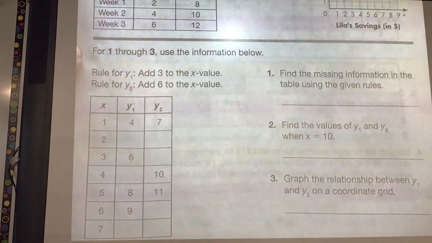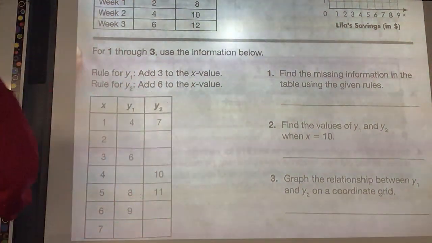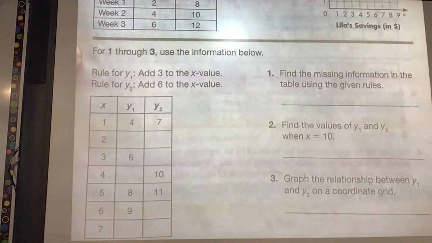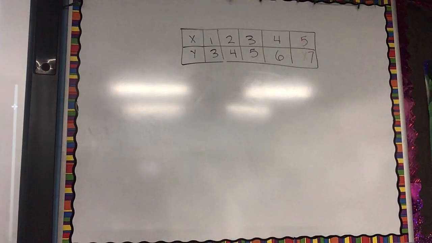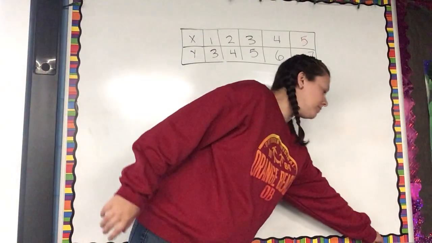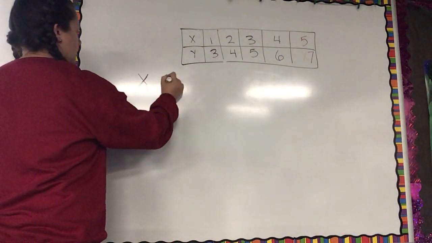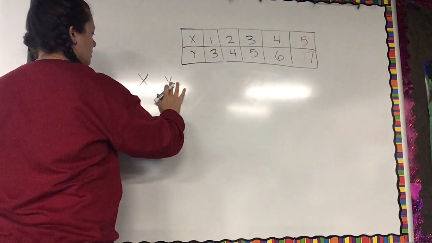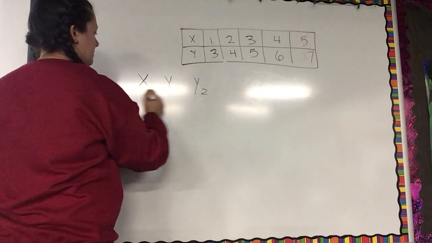What if I said, so I'm looking over here at number 2. I want to find y1 and y2 if x was 10. So if I continue looking at my table, I'm going to need to extend my table. So x, y1, y2, my goodness, my y's.